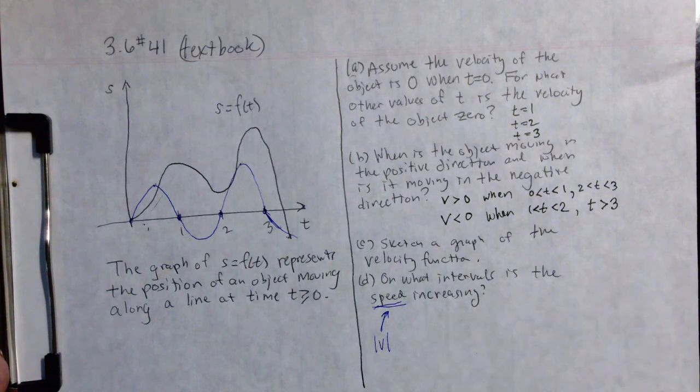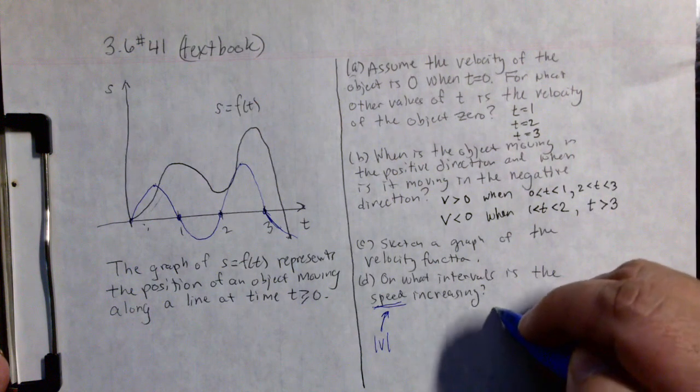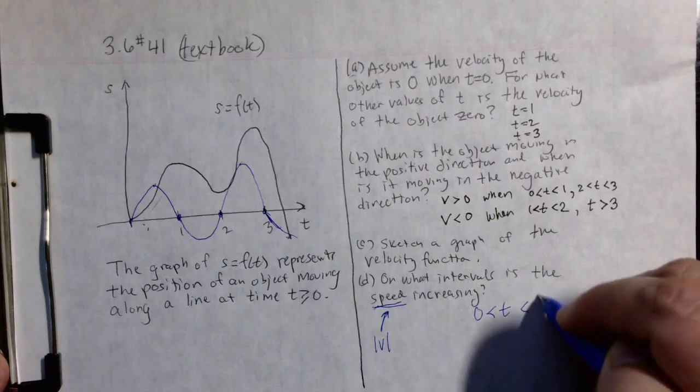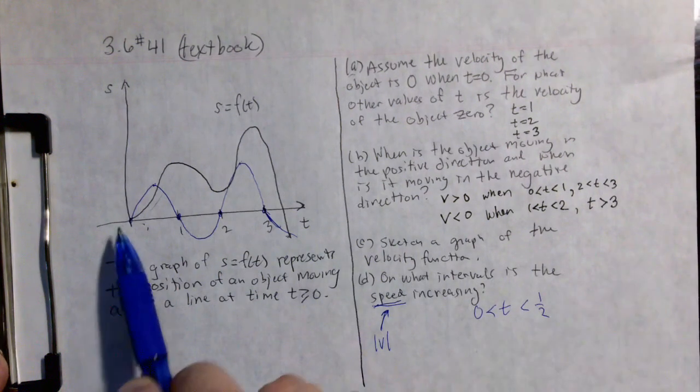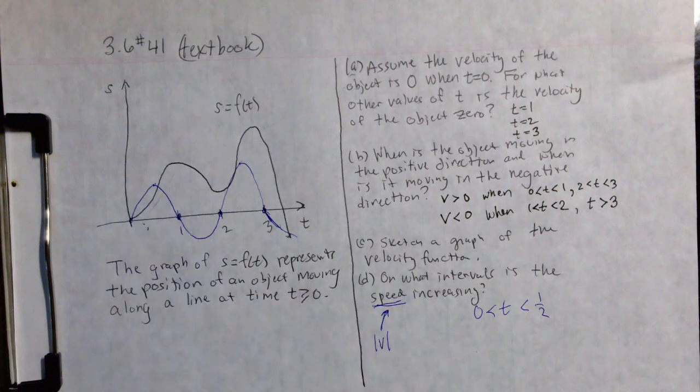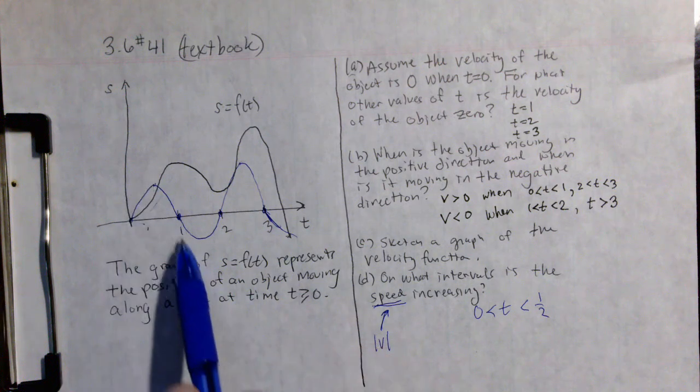So we can say the speed is increasing between 0 and 1/2 because velocity is getting further and further away from 0. To put that another way, the position function is getting more steep. The tangent to the position function is getting more steep.